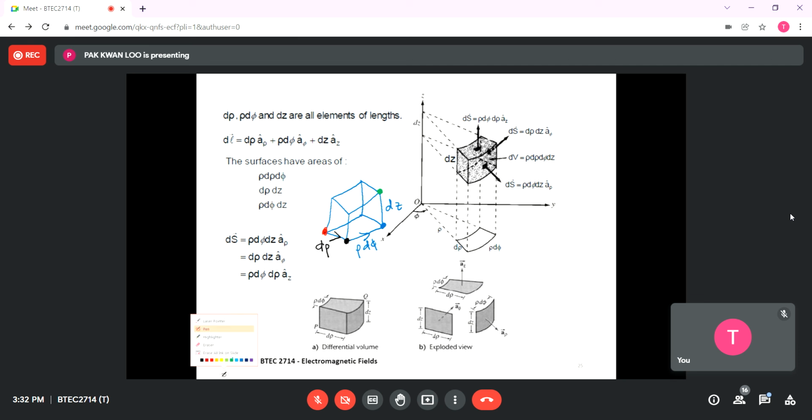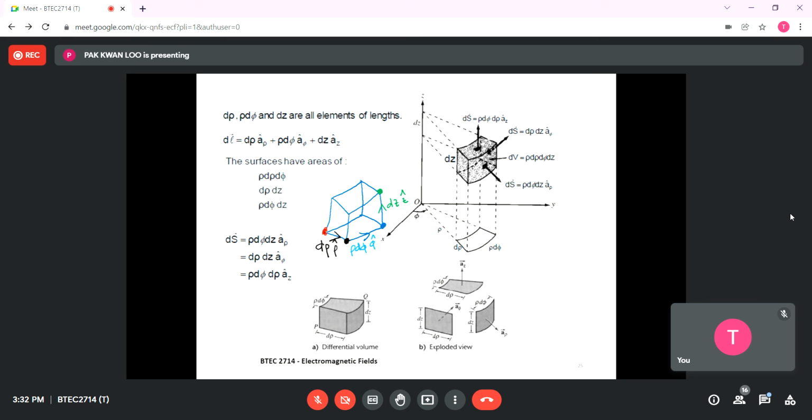So associated with the directions, we have rho cap, and then we have phi cap here, and z cap. Okay.